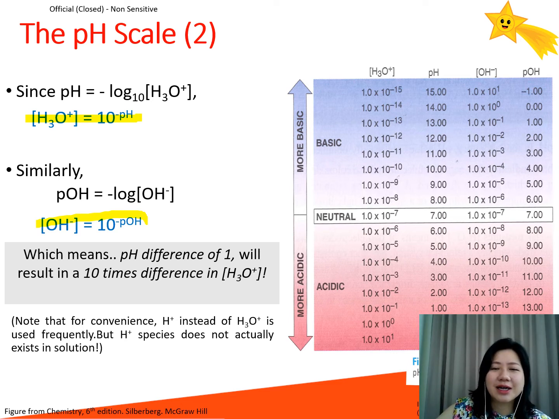Let's also take a look at the pH scale and how it corresponds with H3O+ concentration. Looking at the table, we can see that every pH difference of 1 actually represents a 10 times difference in H3O+ concentration. For example, changing between pH 7 and pH 8, you would see that the difference in H3O+ concentration is a 10 times difference.